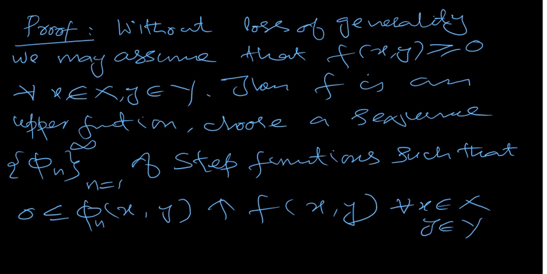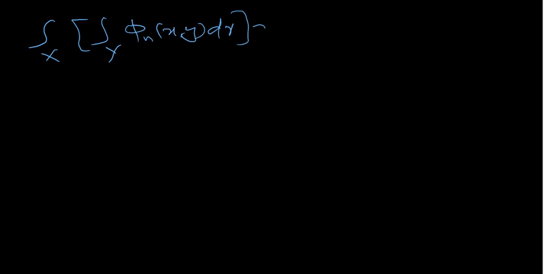And we know that this step function is an integrable function over the product space, and both the iterated integrals of this step function are equal. That we have already discussed in the previous lecture. So we can write here the integral over X space, then the integral over Y space of the step function phi n of x y d nu, then d mu here.